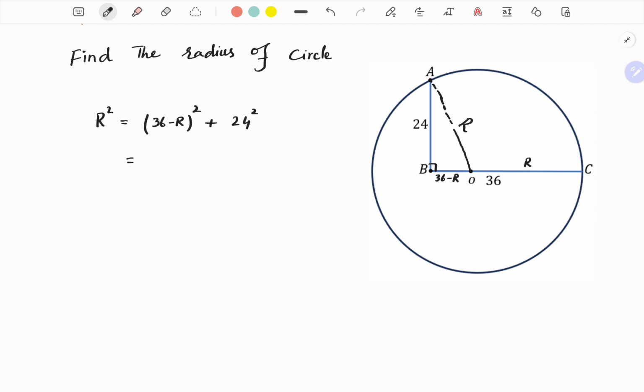Expanding the square, we have 36 square, which is 1296, plus R square minus 72R, plus 24 square, which is 576. So R square cancels out with this R square.